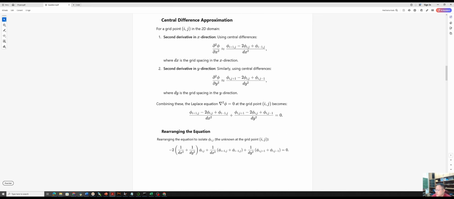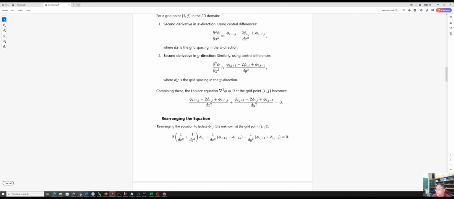You can arrange the equation. We arrange it, okay, it becomes like this, equal to 0. So this is the central point. This is the x, before and after, then for i, and then for j. j is the y, x is the i.